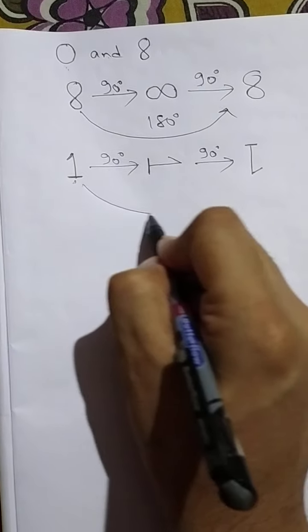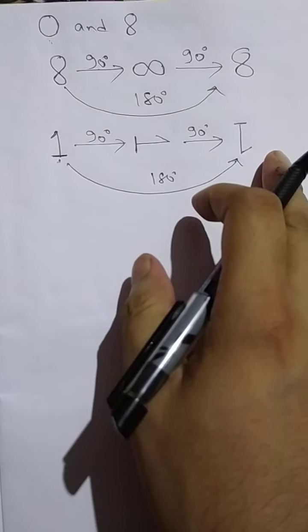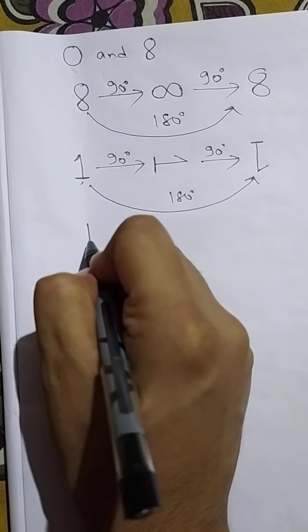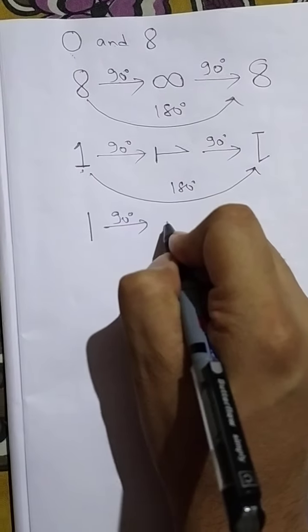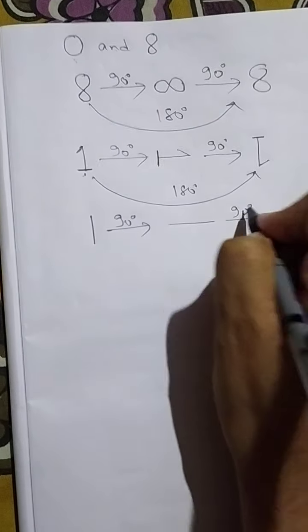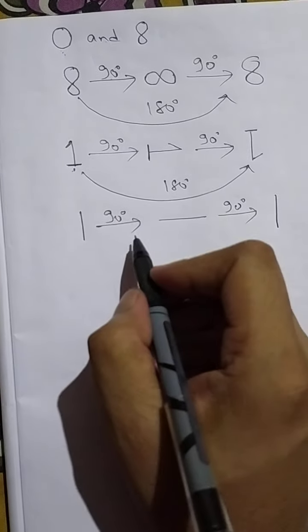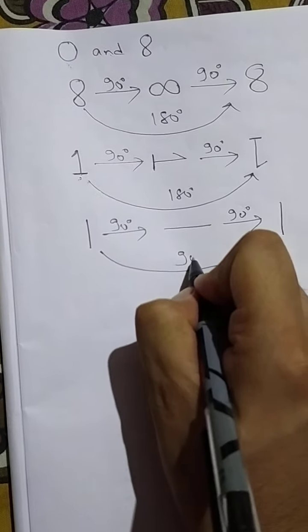So 90 plus 90, 180. It is not looking same. But if you write 1 like this way, only one line, then after 90 degree it looks like this, and again after 90 degree it looks like this. So 90 plus 90, 180 degree.